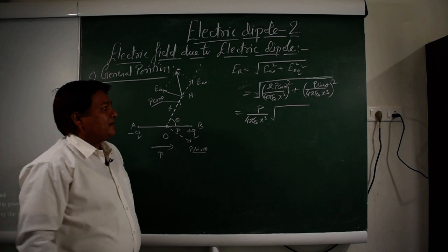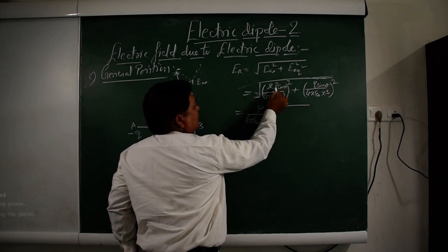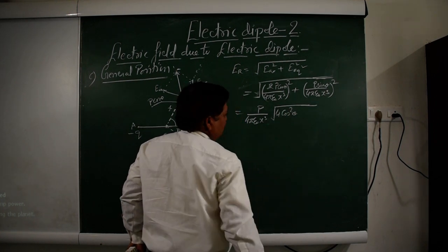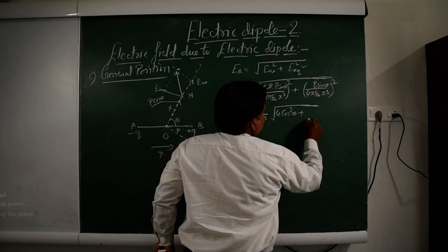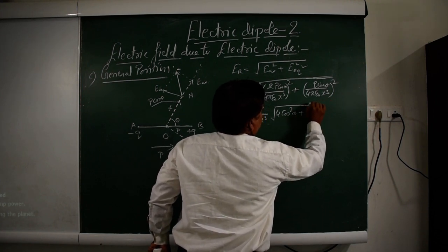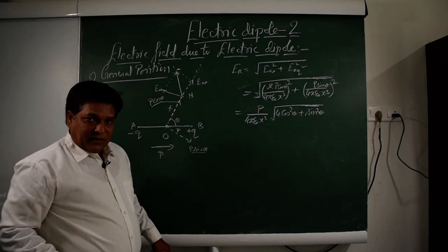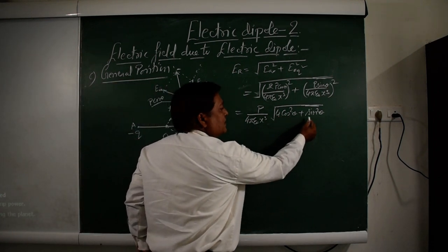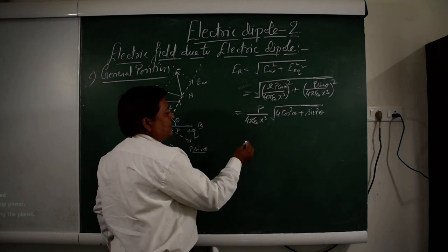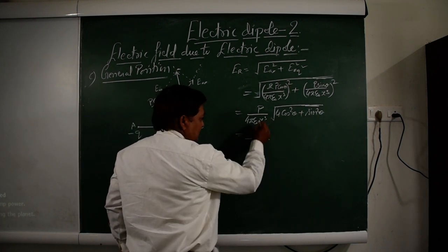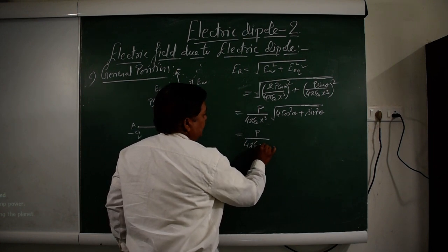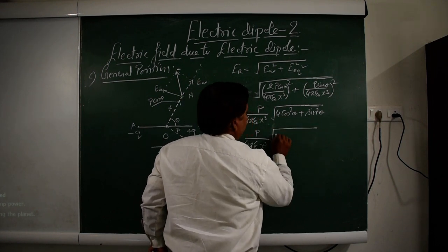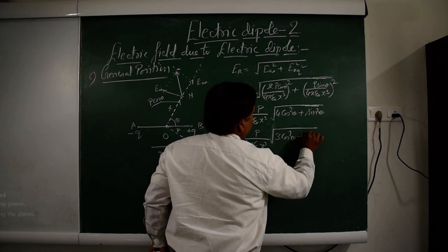Now what is left inside? 2 square is 4 and cos square theta, so 4 cos square theta plus sin square theta. If we break down this 4 cos square theta into 3 cos square theta plus cos square theta, then cos square theta plus sin square theta will become 1, and we get the expression p upon 4 pi epsilon naught x cube, and in the under root we get 3 cos square theta plus 1.